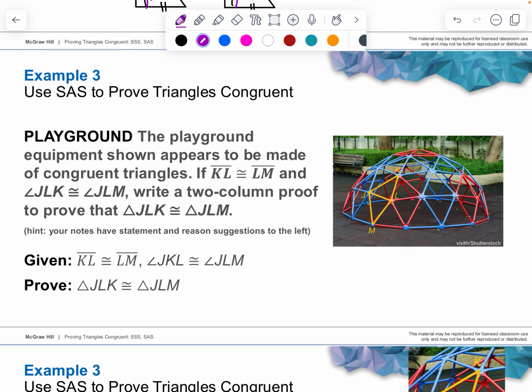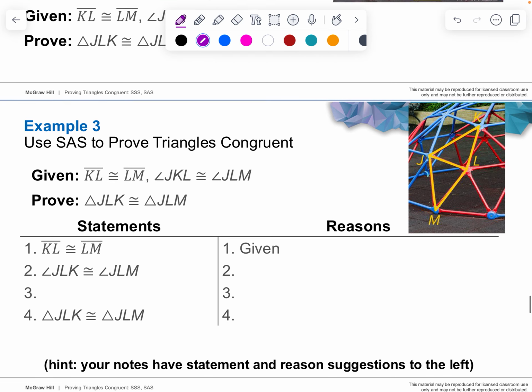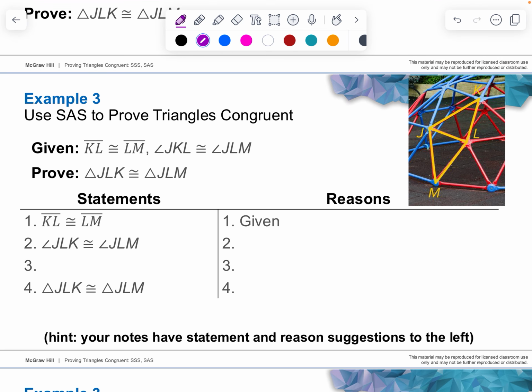So right off to the left in your notes, it says statements and reasons, and it gives you a whole bunch of options there that you could fill in the blanks with right now. So that's really cool. Here's what you get to see down there, and I kind of zoomed in a little bit on that part of the playground.